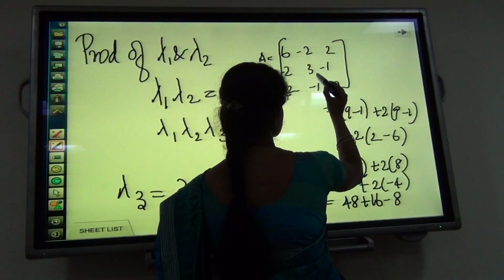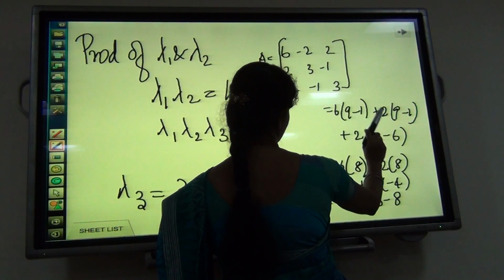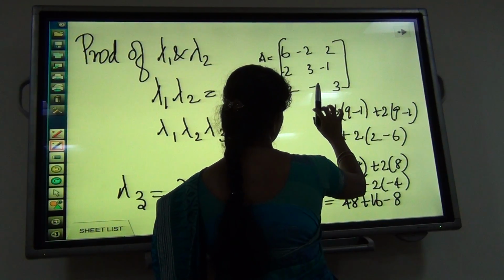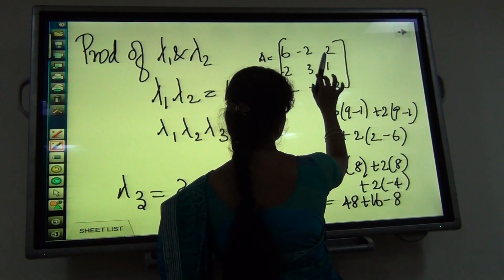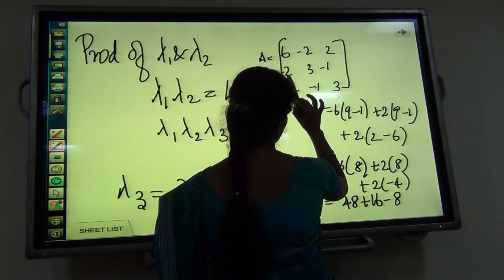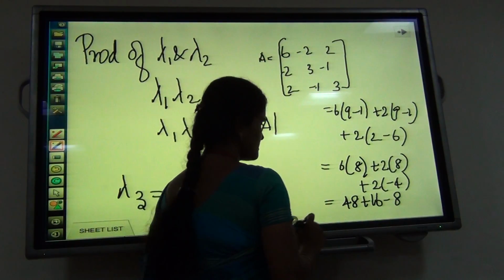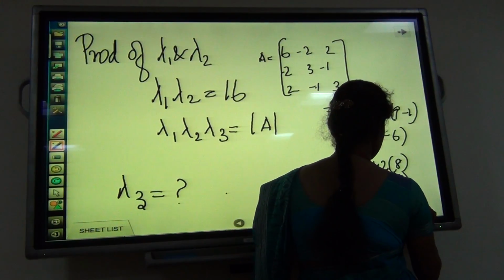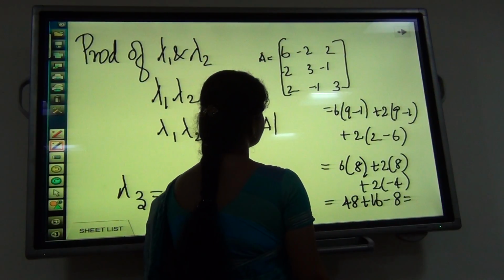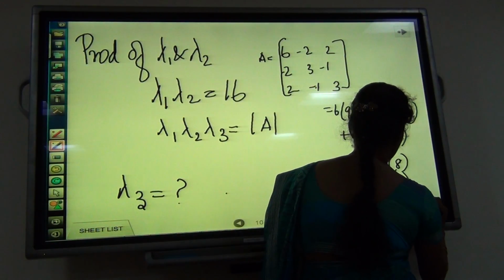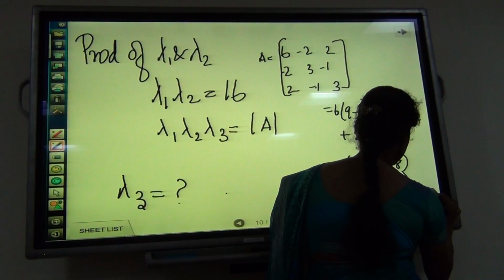Let us cross check the corresponding row and column, it is 2 minus 6. Yes, we get 48 plus 16 minus 8. So it is going to be 56.